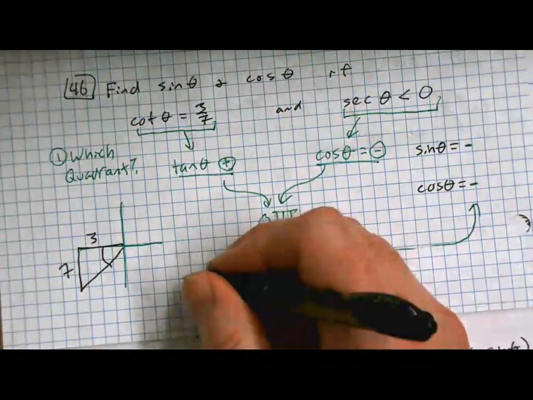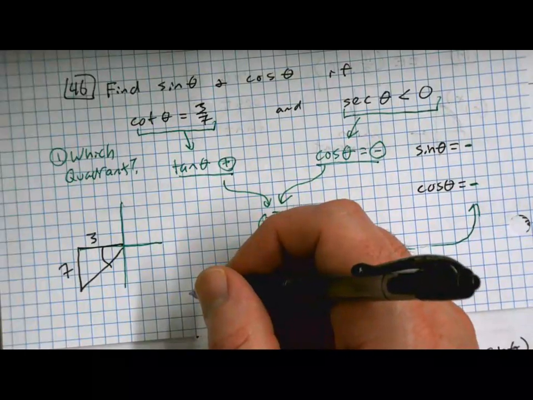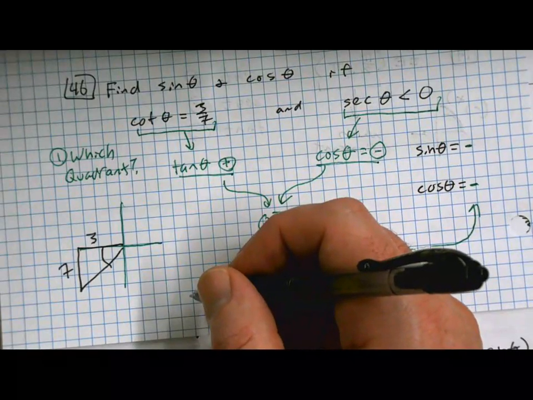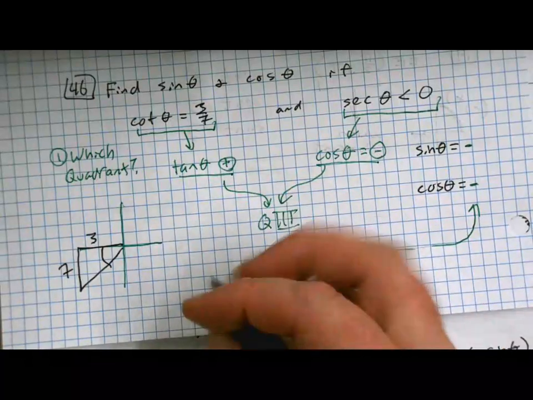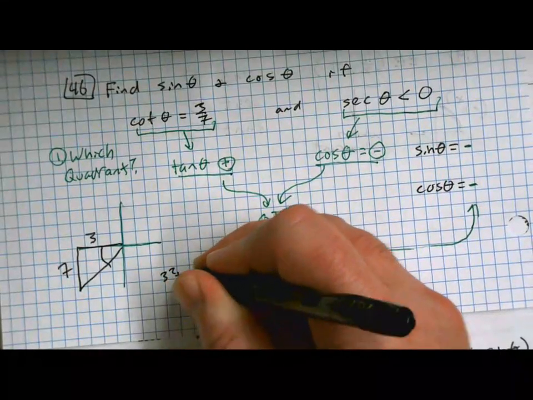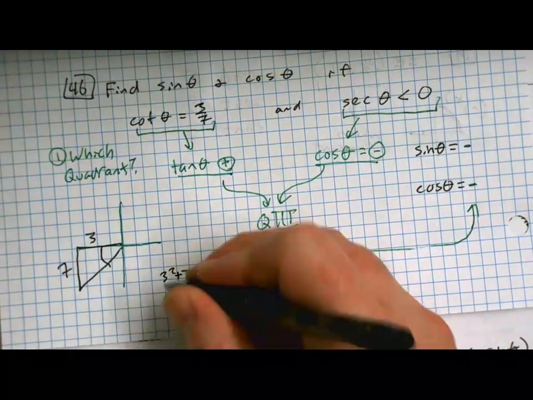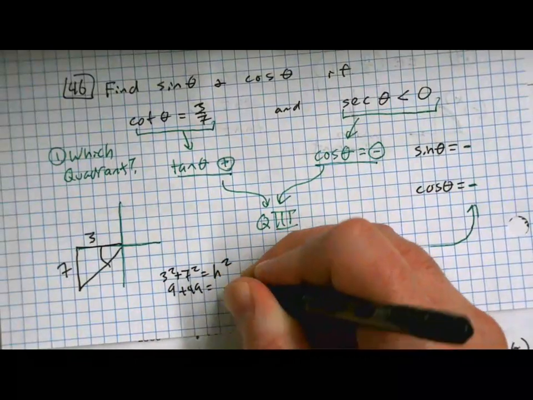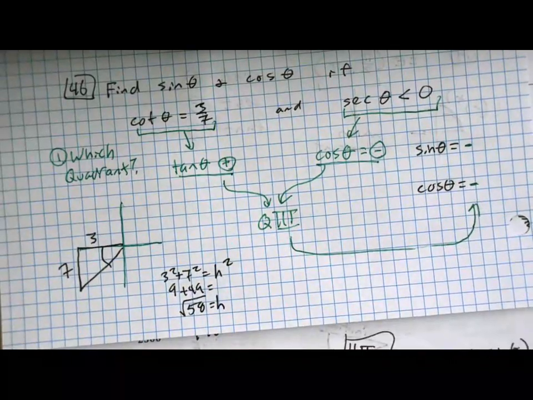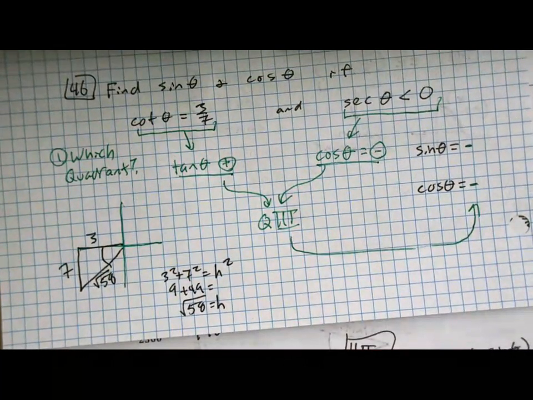Good old Pythagoras. 3 squared plus 7 squared equals the hypotenuse squared. That's 9 plus 49, which is 58. So the square root of 58 is h. Now we've got everything we need.